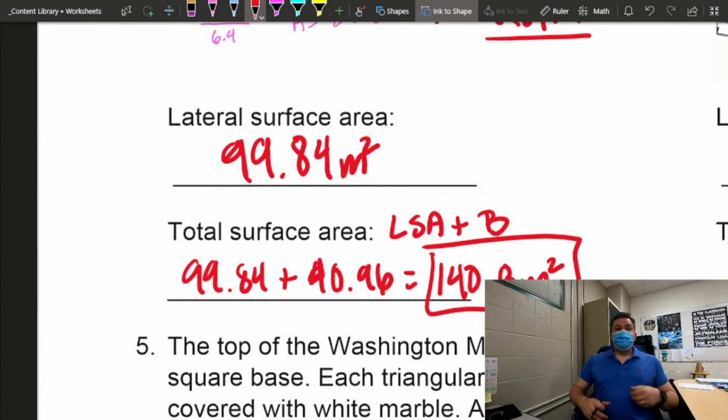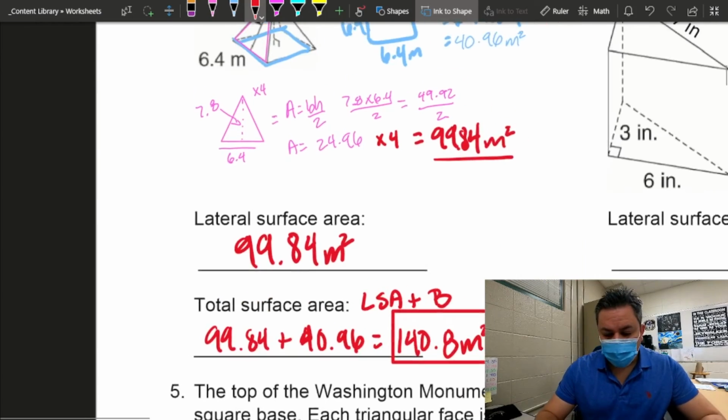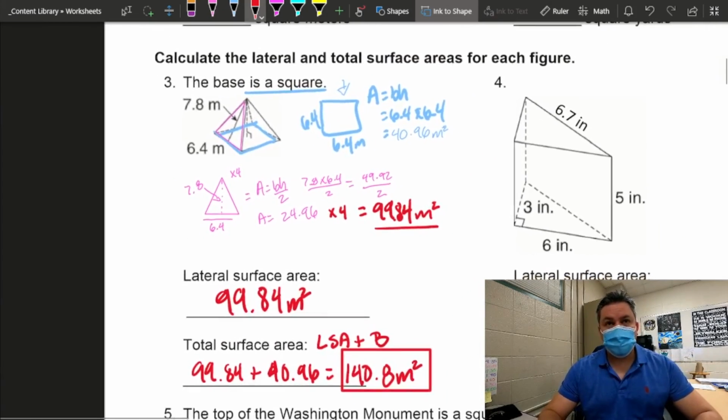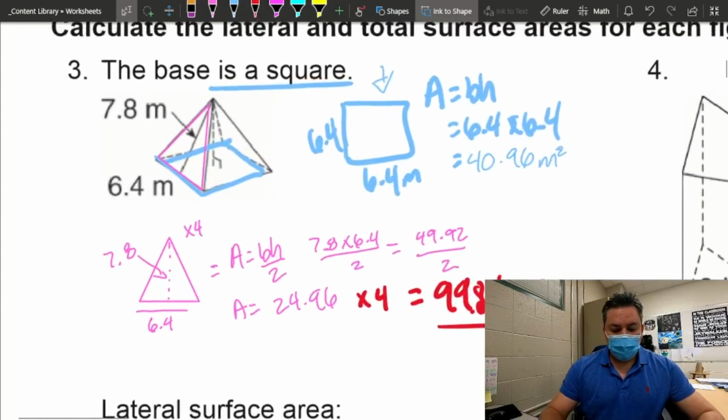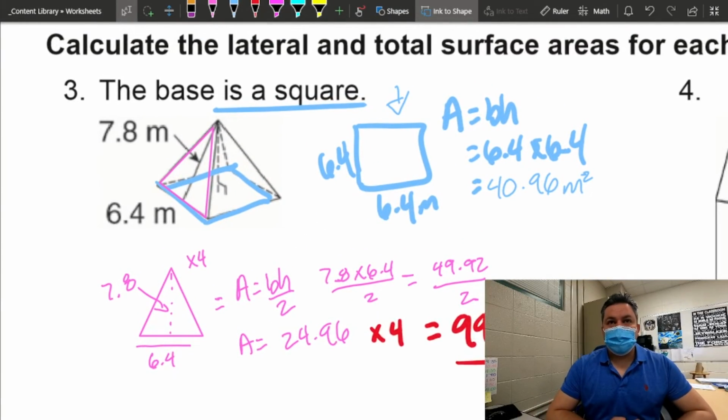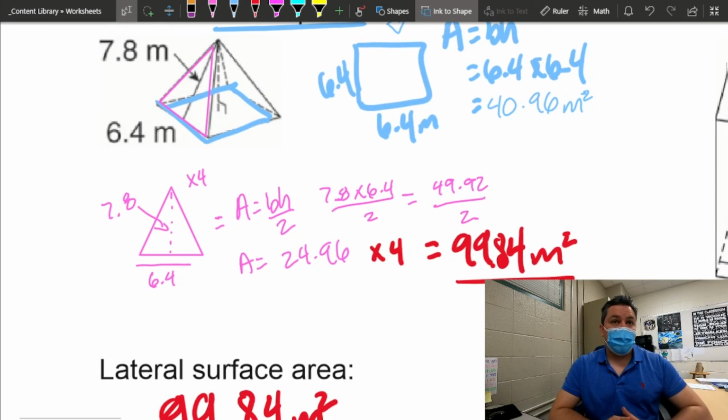So now, if I ask you, and this is where everybody needs to pay attention right now, we're gonna look at everything that we just did. What is the shape of my base? Square. Very good. What is the area of my base? 40.96. Very good. What is the shape of my face?